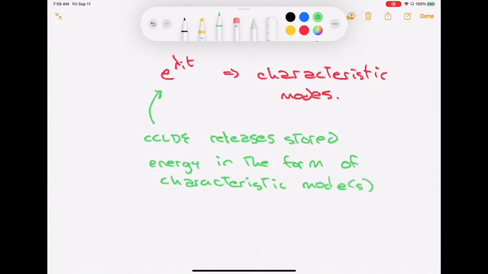It has no other choice. There's no other way this linear time invariant continuous system, as described by this constant coefficient linear differential equation, can release energy. It has to release energy in exponential forms.